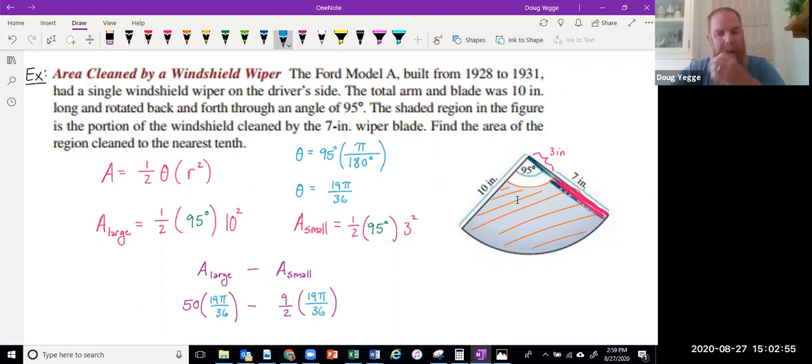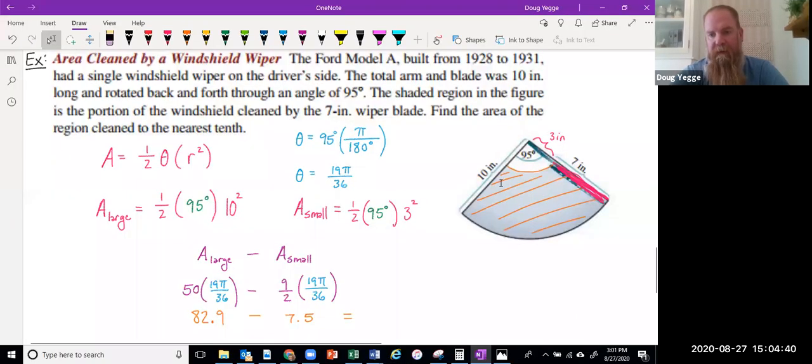All right. Okay, well, at this point, we could go ahead and just simplify a little bit and solve by finding a couple of decimal representations. So we could see that the entire large sector, starting at the center and rotating around, is going to be 82.9 square inches. But I need to take away this white region right up here in order to only get the orange shaded region.